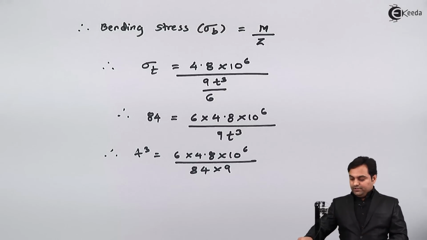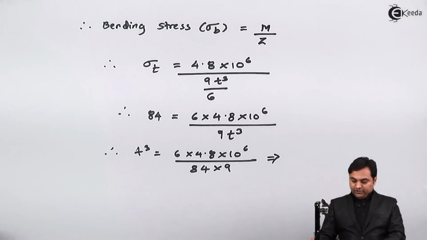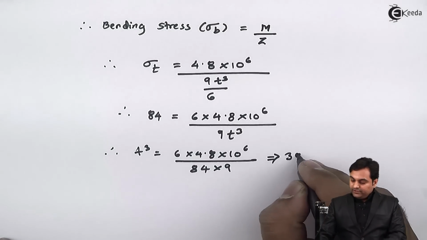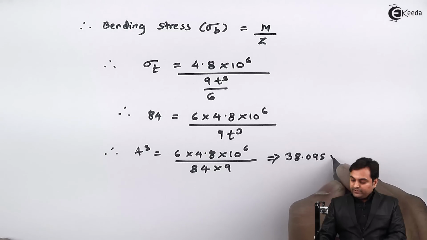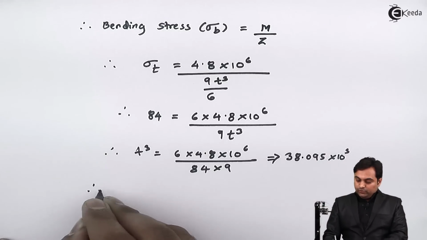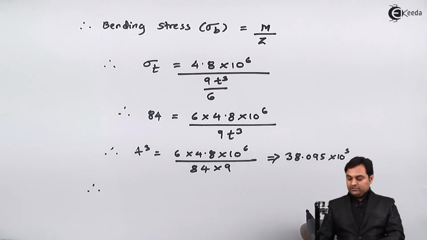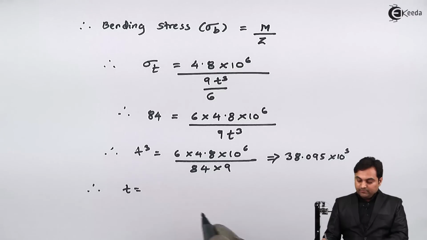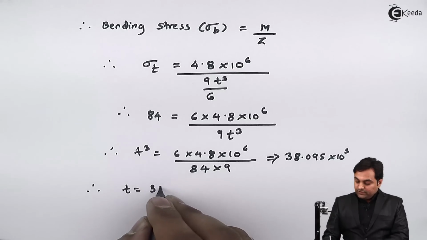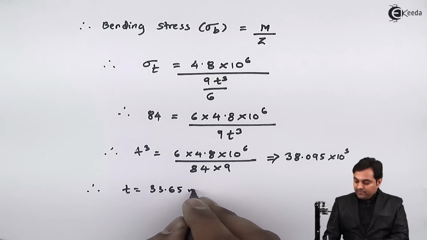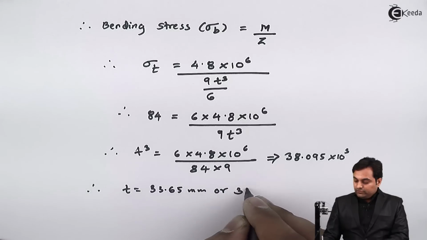So now here I will be getting the value of T cube, which comes out to be 38.095 into 10 raised to 3. And here we don't want T cube, we want the value of T. So taking the cube root of this answer, my value of T is 33.65 mm, which I can round off to 34 mm.